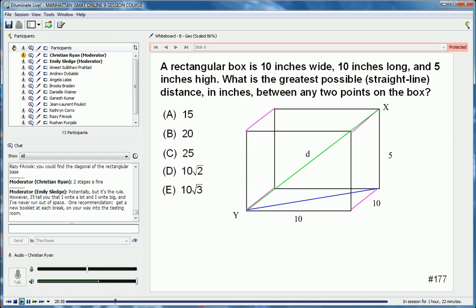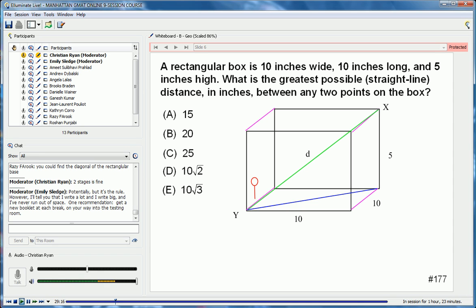Totally fine. And if you do it in two stages, you can do it as sort of a couple of different ways. One way is, I imagine actually standing, I'm a little dude standing here in the room.